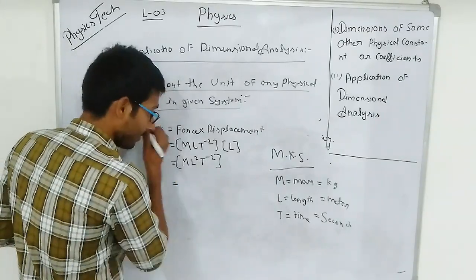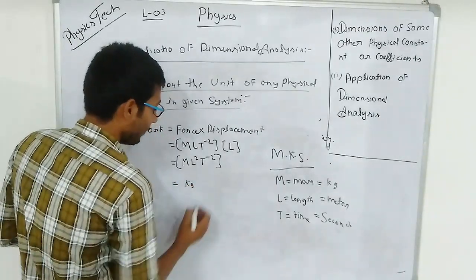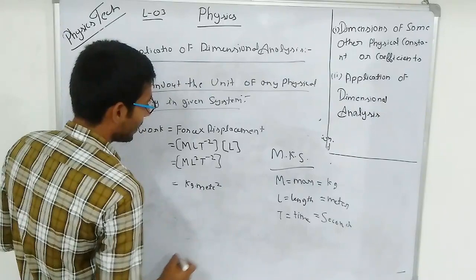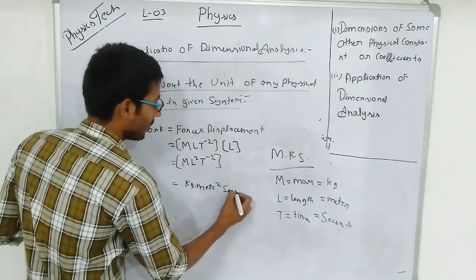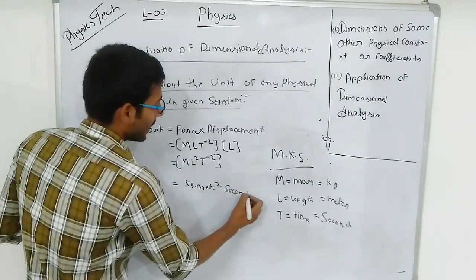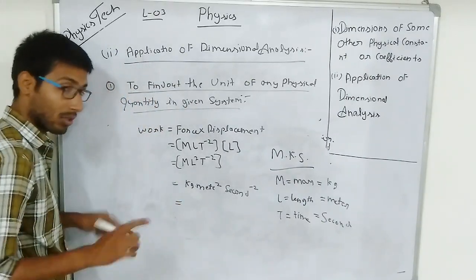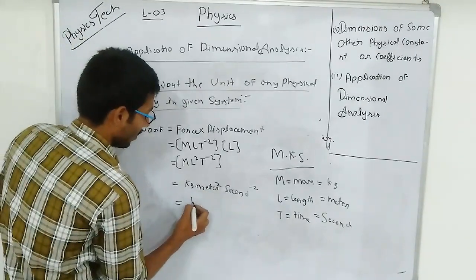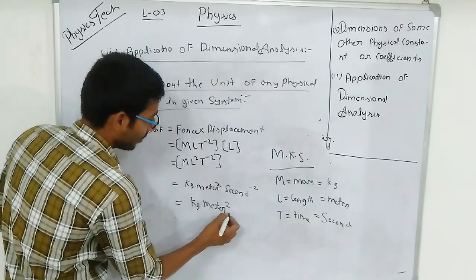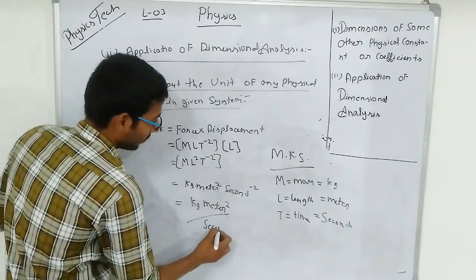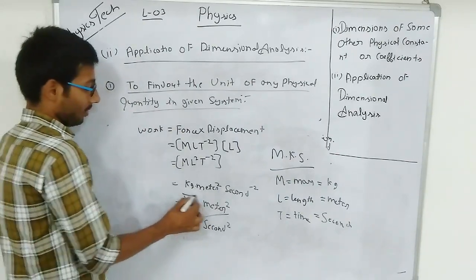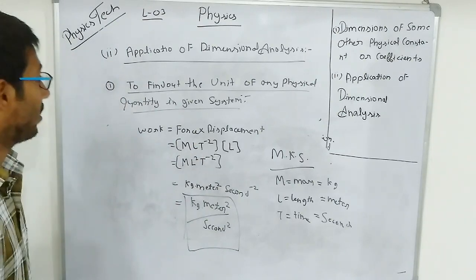So M is equal to kg, L is meter, so kg meter square, second base minus 2, or we can also write kg meter square upon second square. Okay, so please take a note.